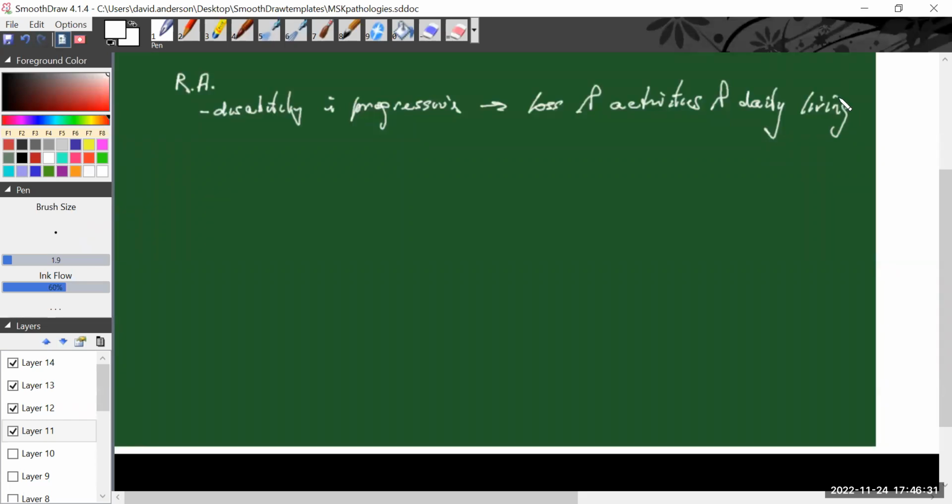So the diagnosis, it's important to differentiate and rule out osteo.